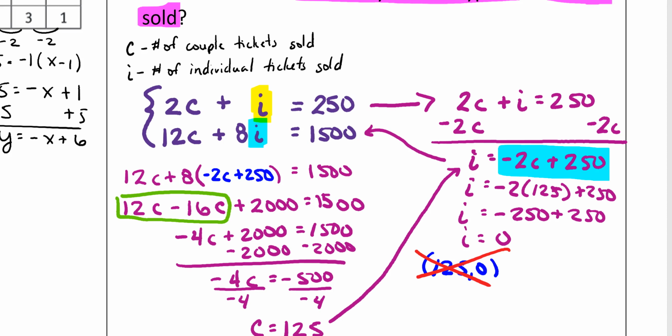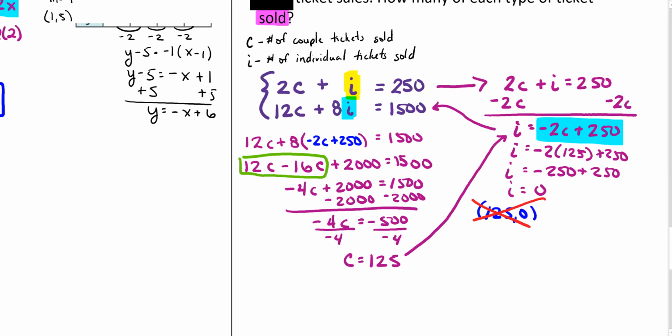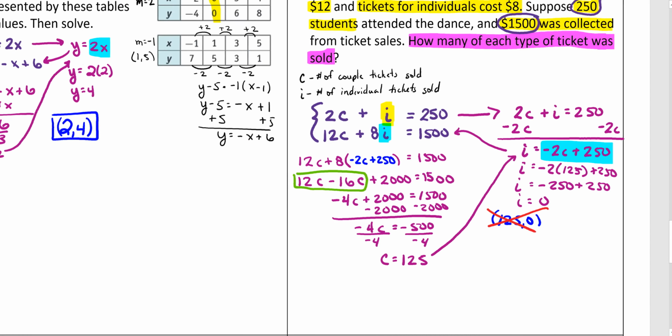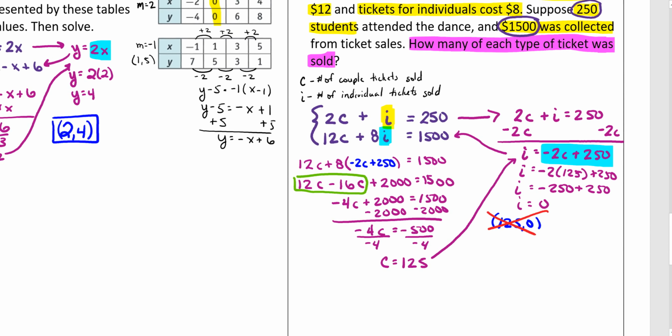So what that means is we have to actually write down the answer to the question. So the problem says, how many of each type of ticket was sold? That's what we have to answer. How many of each type of ticket was sold?